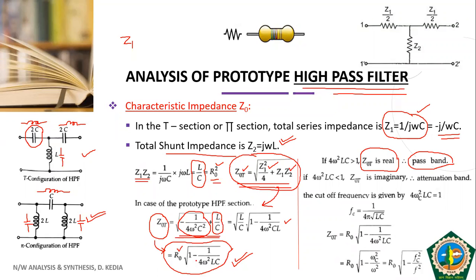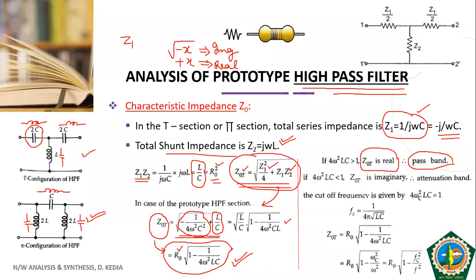Because if you have a negative value under the root, then it will give us an imaginary value. I hope you already know that if we have minus of x, this will give us some imaginary value, isn't it? So if you have plus of x under the root, then you will get some real value.